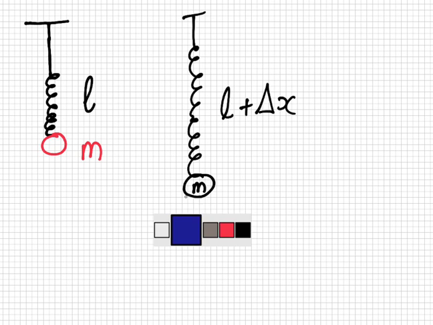I would like to calculate how far it has moved. What's the distance it's moved? How can I calculate that? Well, first I should draw the forces. So what are the forces going down? mg. And what's the force going up?